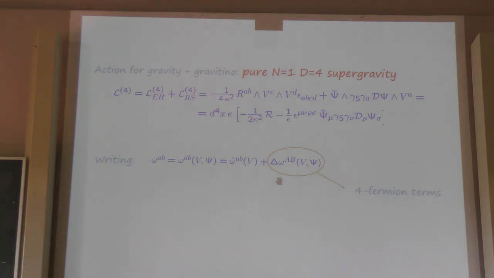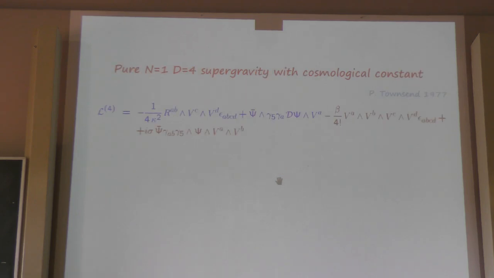Okay, and the Lagrangian becomes ugly, of course. But in general, 4 fermion terms are needed for the construction of a locally supersymmetric action. Okay, are there questions?